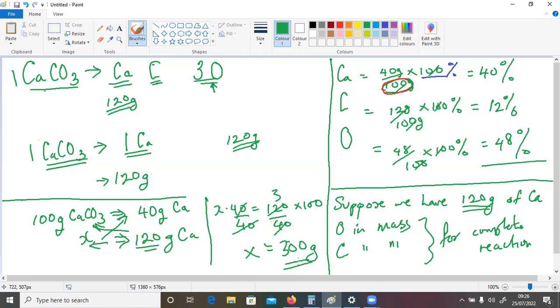Okay, so it tells me if I do a certain reaction and I have a certain amount of calcium carbonate which has completely reacted, and I know that in 100 grams it always contains 40 grams of calcium, then what is the mass of calcium carbonate which will contain 120 grams?